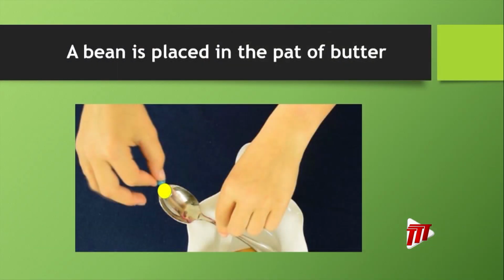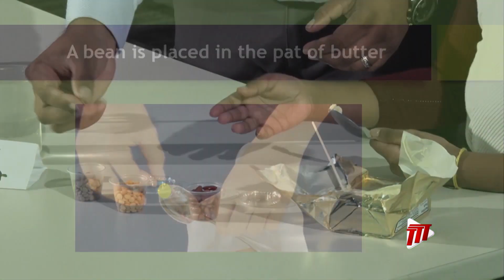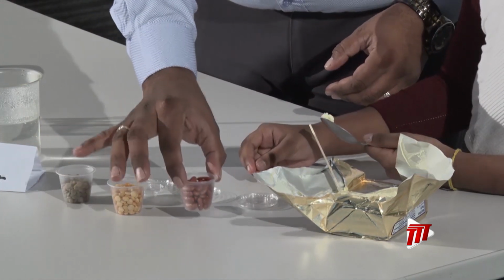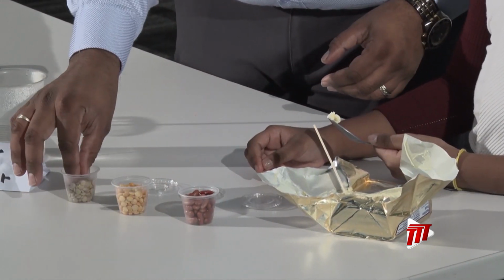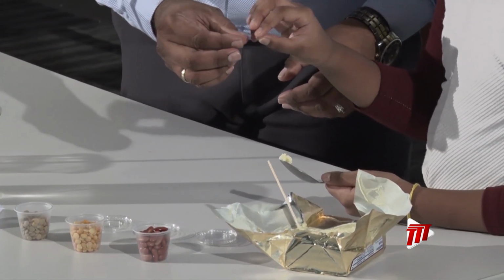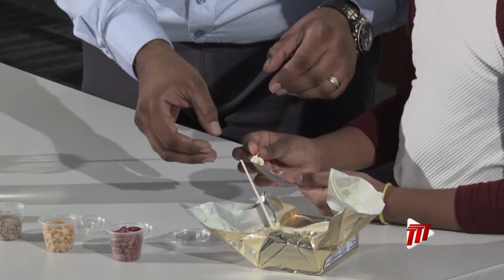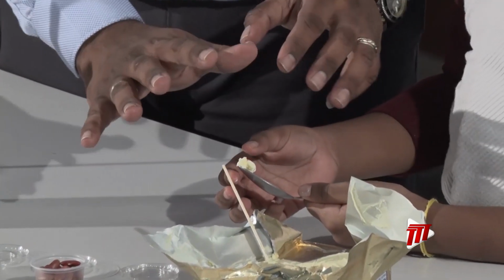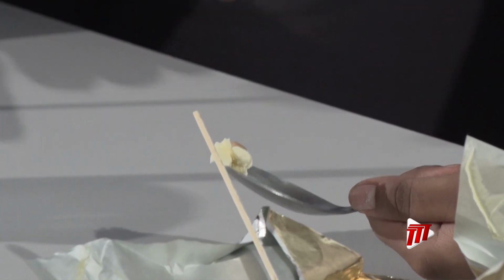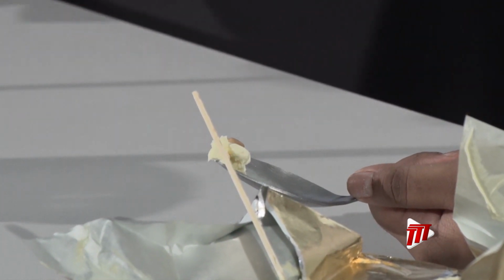A bean is placed. Today I would like to use lentils. I have lentils, split peas, red kidney beans, but I think today we'd use the lentil. So we take the lentil and just stick it. So we have our lentil stuck to the pat of butter on top of the metal spoon.